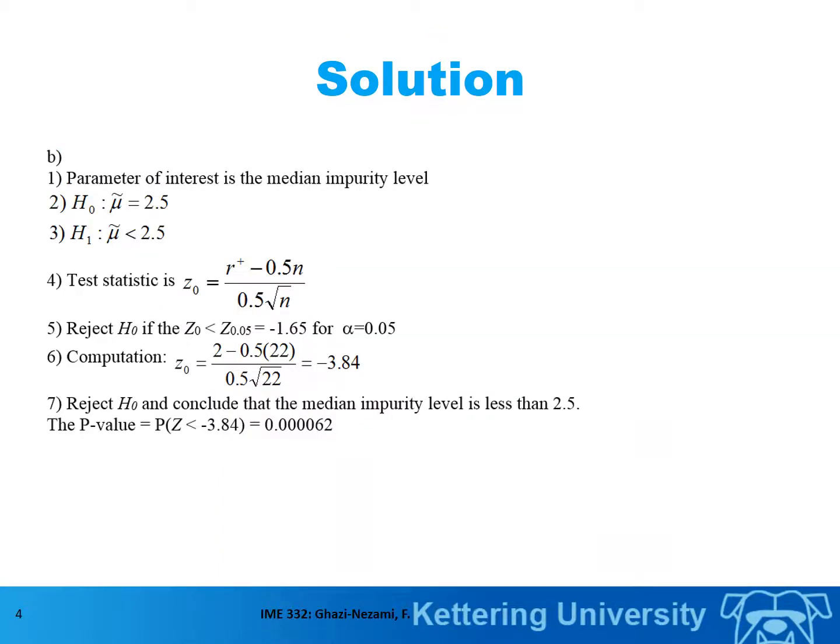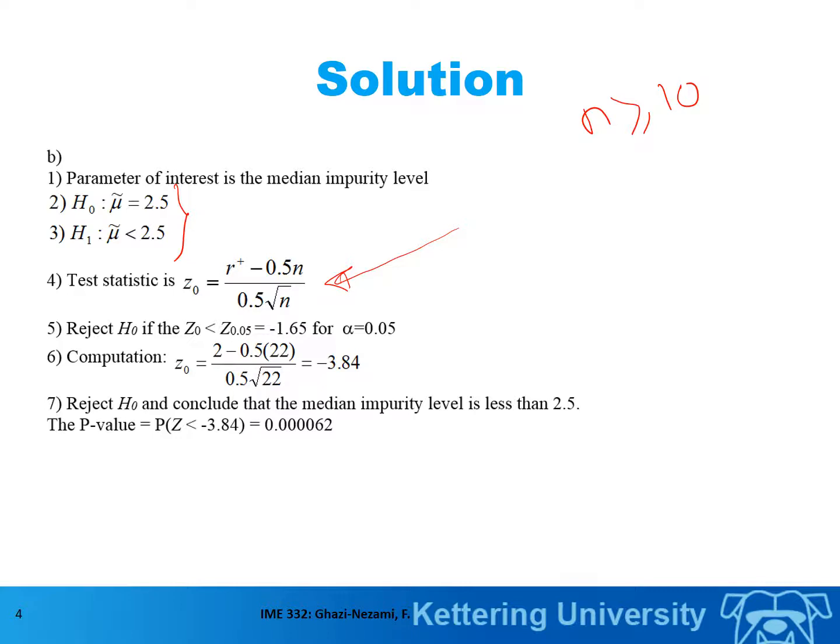In part B, you were asked to solve the problem using normal approximation. We said in the sign test, when your n is at least 10, you should be able to use the normal approximation. That is exactly the case over here. I have my H0 and H1 over here, and I need to just plug the values into the test statistic equation. R plus, the number of positive differences, was 2, minus 0.5 times n.